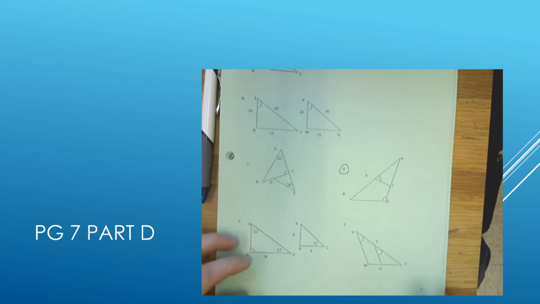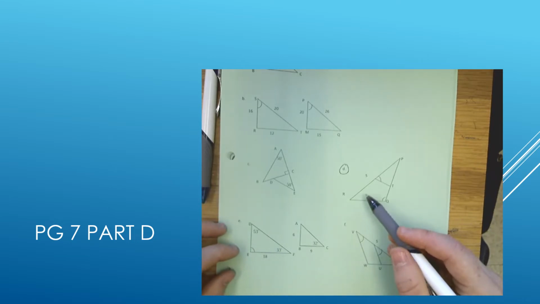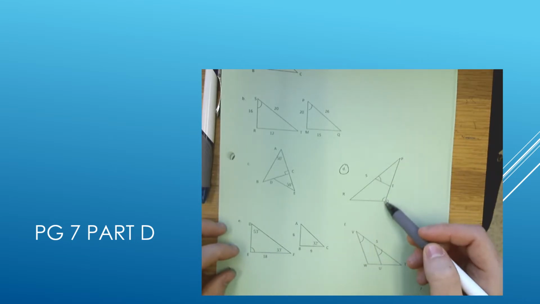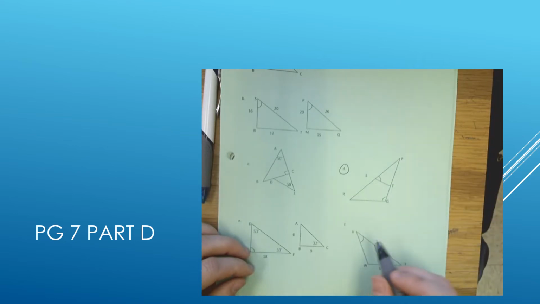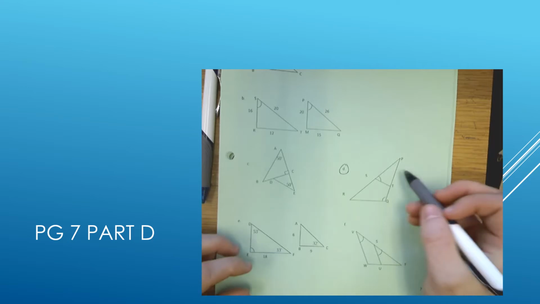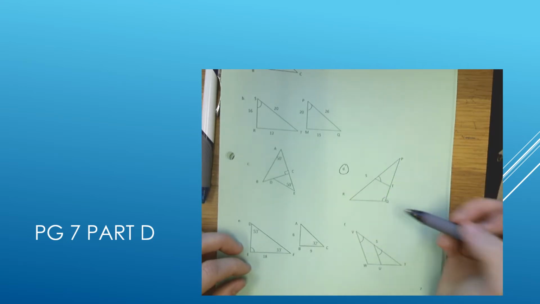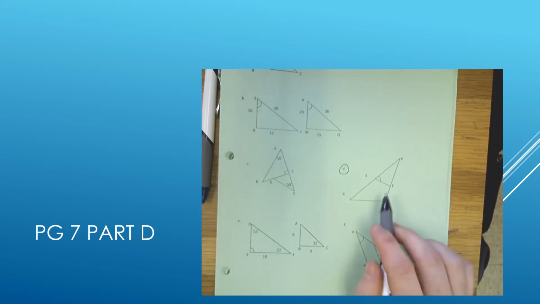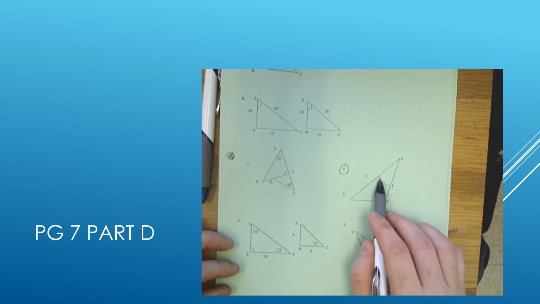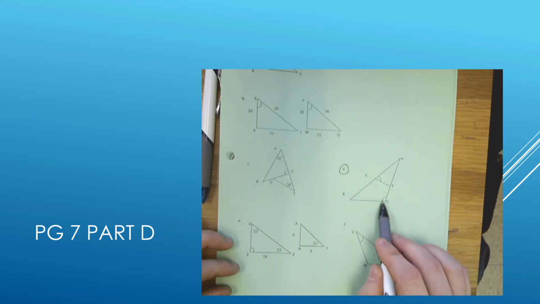This one, notice that the triangles are inside of one another. So you have this smaller triangle STP, and that's inside of the big triangle PRQ. Now there is a marking already in there. Angle S has one arc and angle Q has one arc.